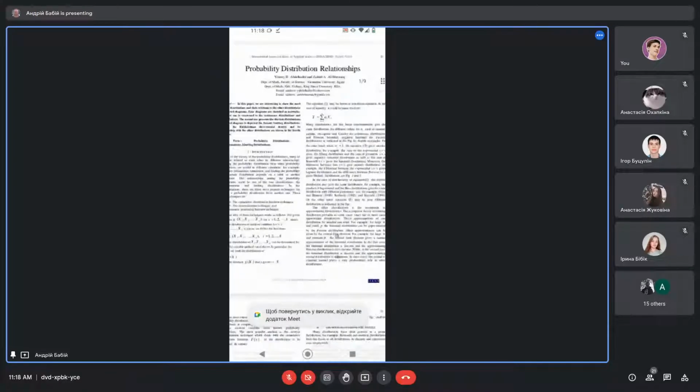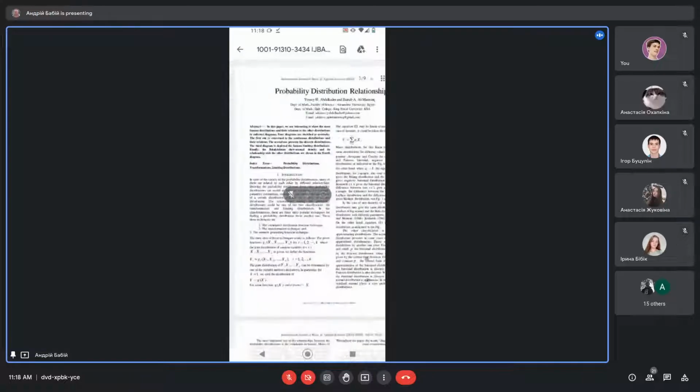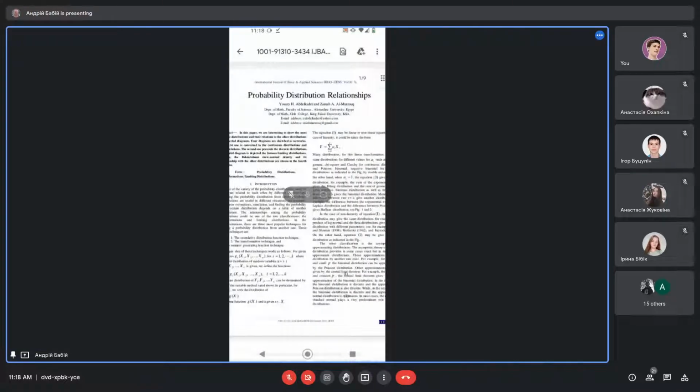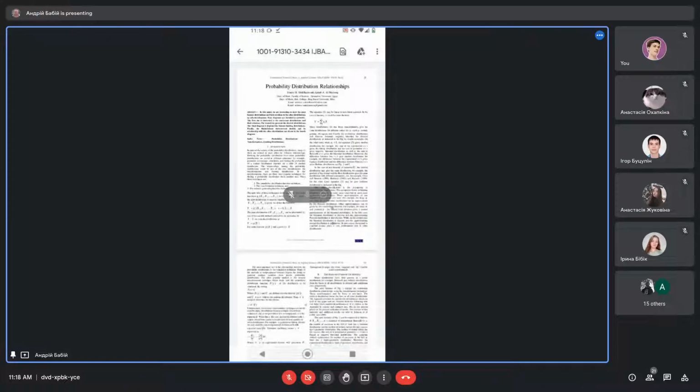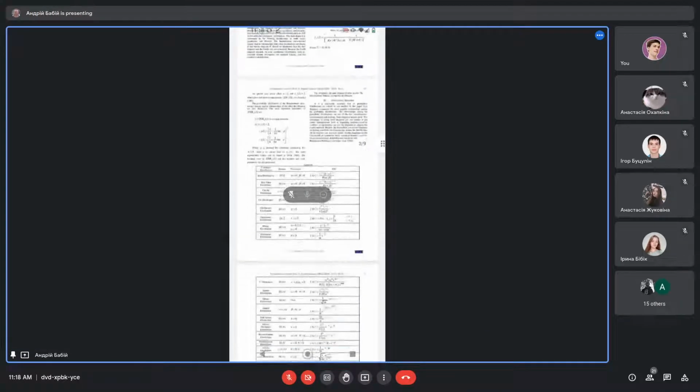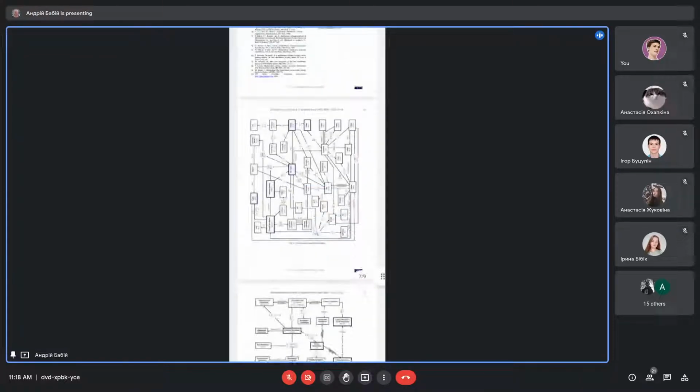Here is an article, Probability distribution relationships. I will upload the article into the DL. And let's take a look into the picture.